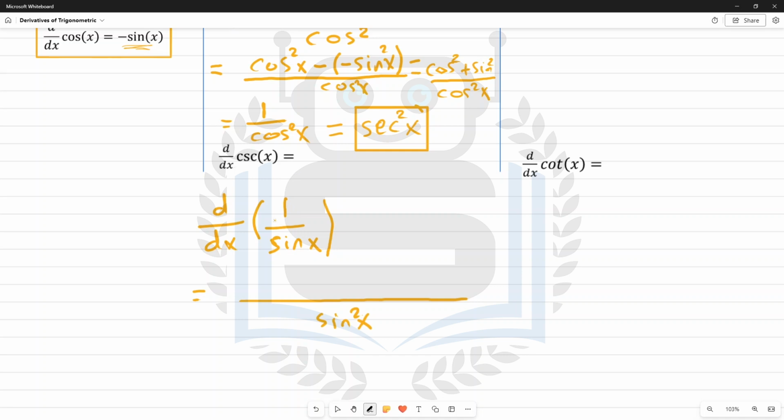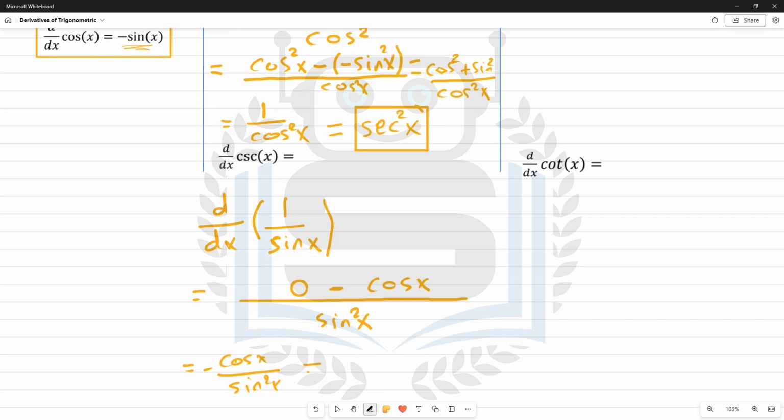But the derivative of 1 is 0. So that will be 0 minus the derivative of sine x, which is cosine x. So that's equal to negative cosine x over sine squared x.